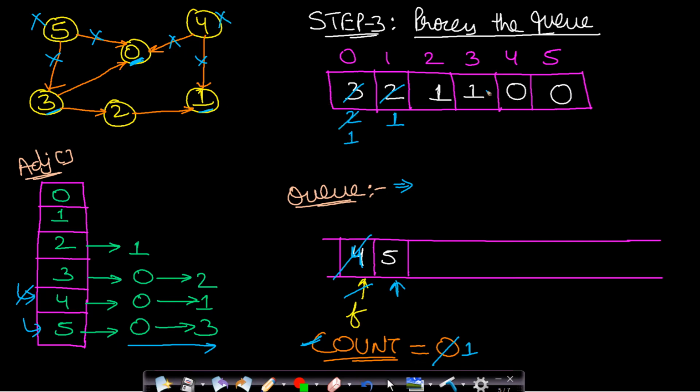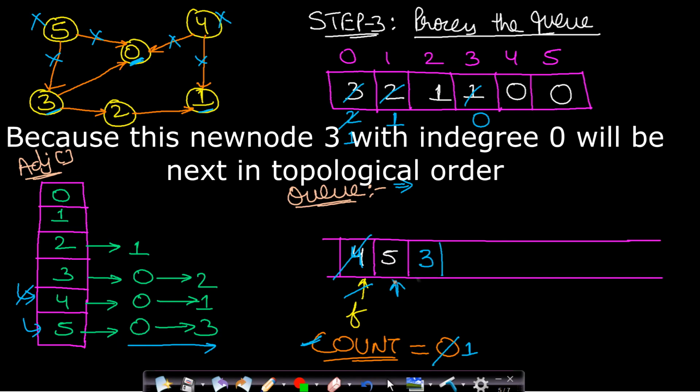The in-degree of 3 is 1, so it will be decremented to 0. As soon as a node's in-degree value reaches 0, we have to push that node into the queue. So we will push node 3 into our queue, and now 5 has been processed.